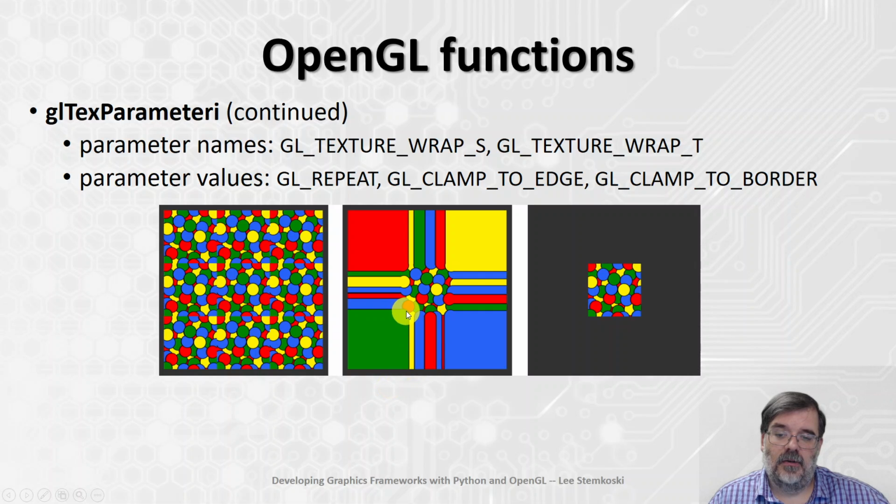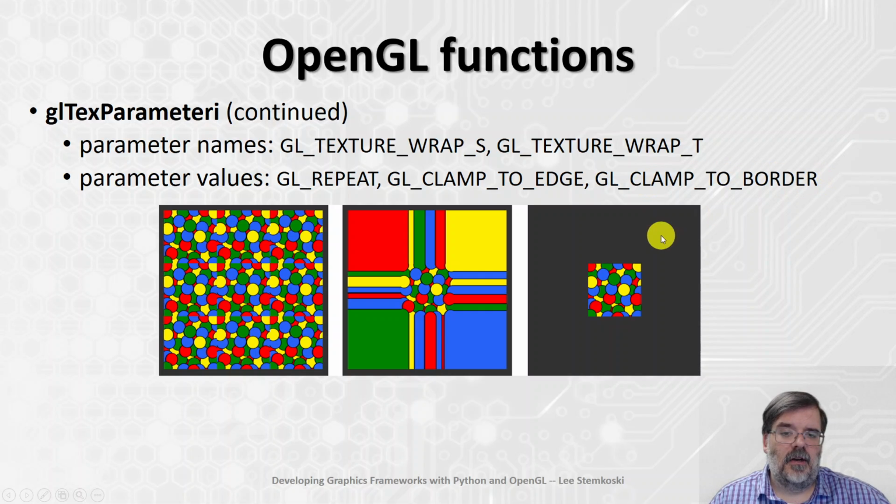So 0, 0 would be this point on the lower left. 1, 1 would be this point on the upper right. And then once you go beyond that region, all these color values correspond to the right edge here. All the color values on the left correspond to the left edge here. And similarly for the top and the bottom. That'd be clamp to edge.